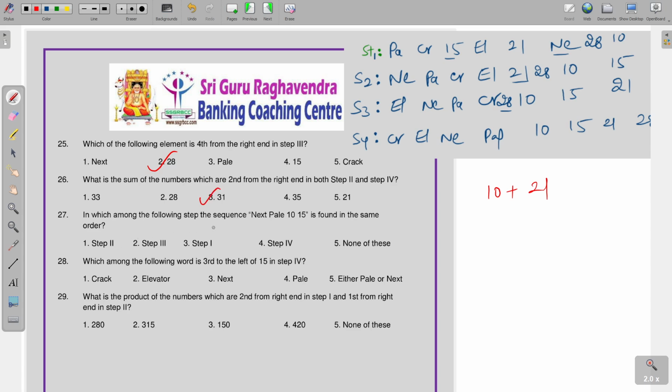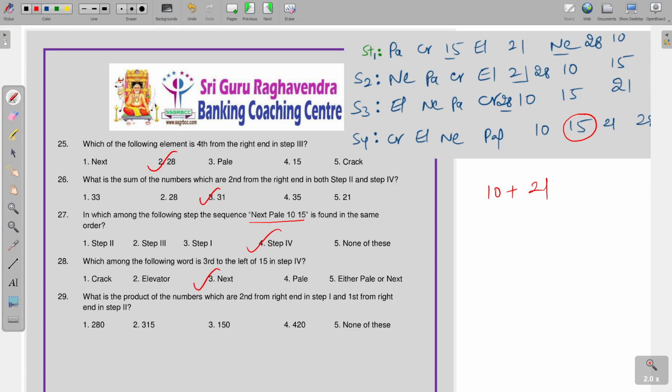Which of the following steps has the sequence next to pale, 10 and 15 found in the same order? So next to pale 10, 15, we have to find this in step 4. And next, which among the following words is third to the left of 15 from step 4? So from 15, what is the third to the left? 1, 2, 3. Next is the answer.